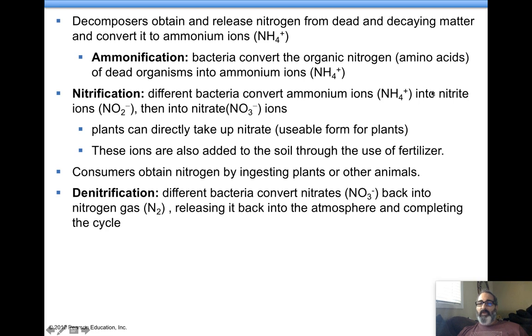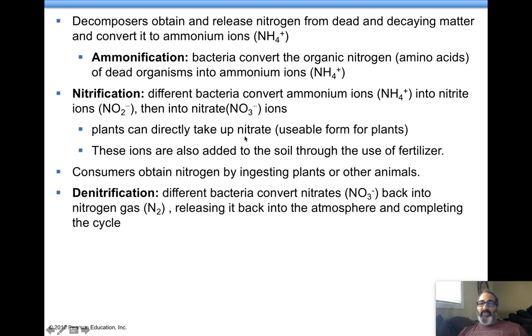It goes from ammonium to nitrite and nitrite to nitrate. For most plants on the planet, this is the most usable form of nitrogen. So the two usable forms are nitrate and ammonium, but most plants utilize nitrate, which is why this nitrification step takes place. Okay.